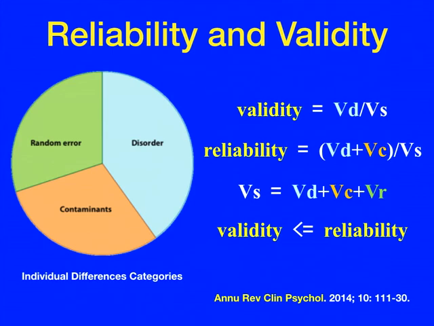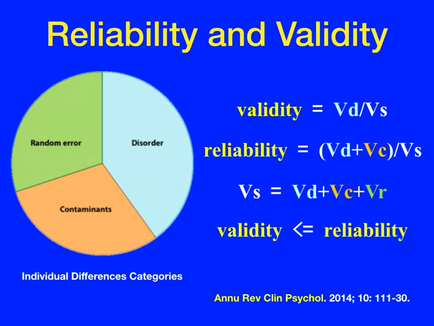So validity is the proportion of disorder-related variability, and reliability is the proportion of individual-related variability.